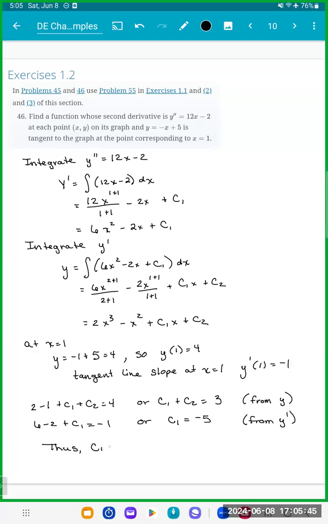We already knew C1 was equal to -5, but we could solve by plugging this C1 into our equation here and getting that C2 is equal to 8. Okay, so when we put that all in one equation, we get that y is equal to 2x cubed minus x squared minus 5x plus 8.